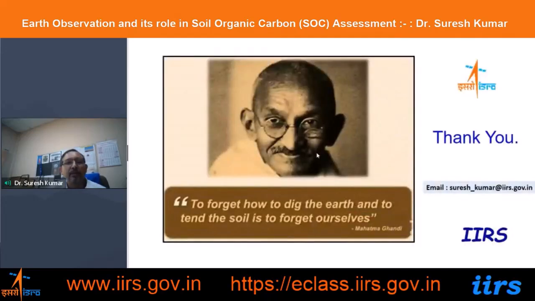So at the end, I conclude. We can use remote sensing data for mapping soil organic carbon from reflectance characteristics using multispectral and hyperspectral remote sensing data. But as I told, the correlation coefficients we are not getting are very high, only up to 0.6 or 0.7.